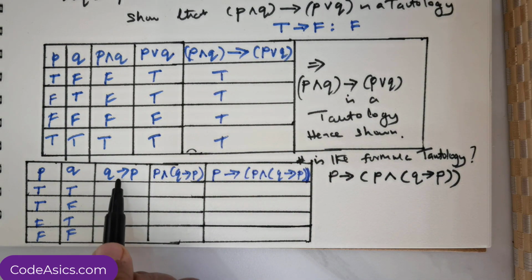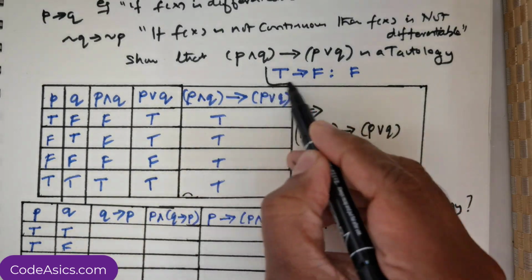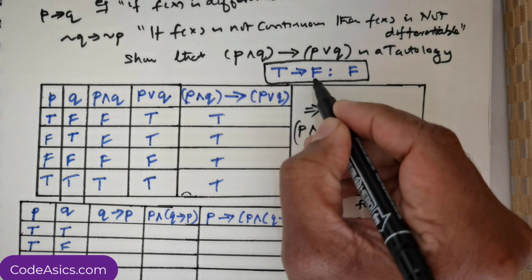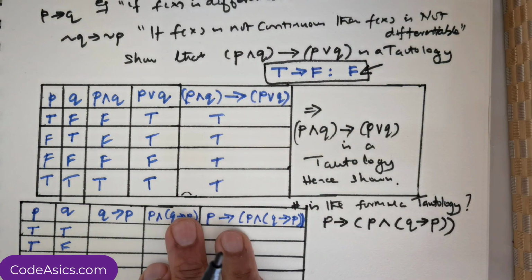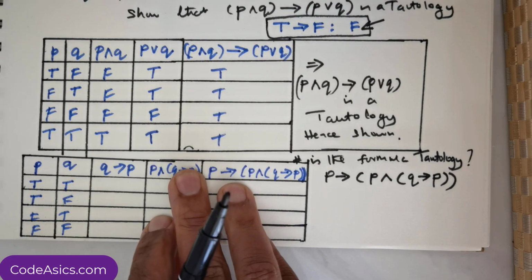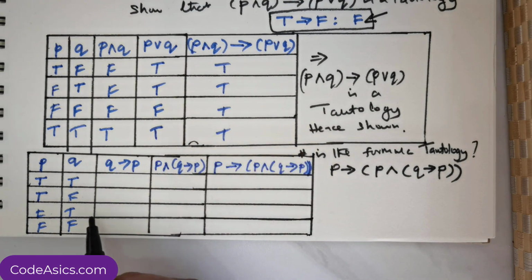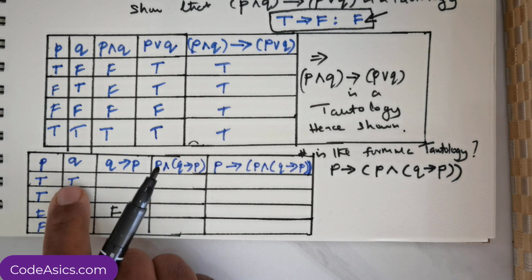Now this is Q conditional P. So we start this to be the leading column and we are looking for our tip. T going to F is always F. So let's apply our tip and look for T to F. Is there a T going to F? Yes, T going to F, this is going to be F. Is there a T going to F?